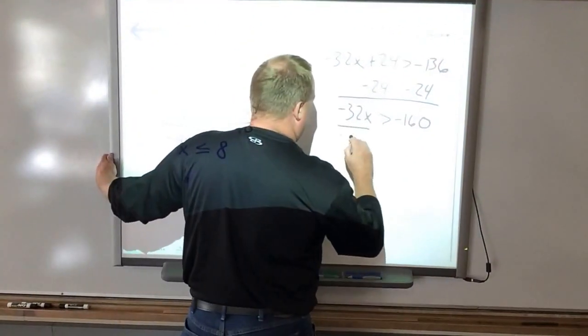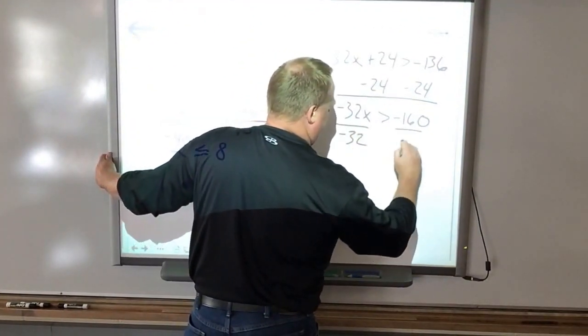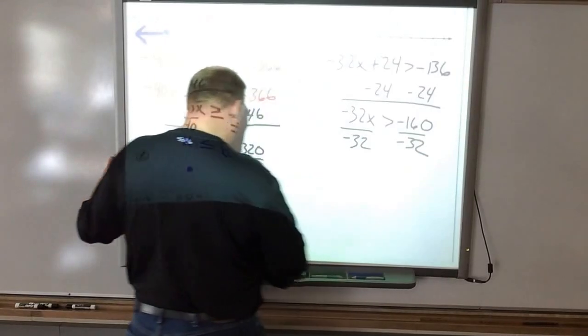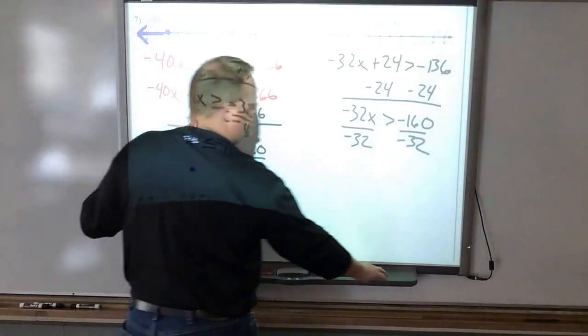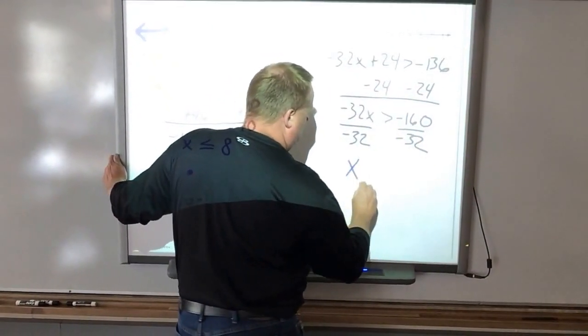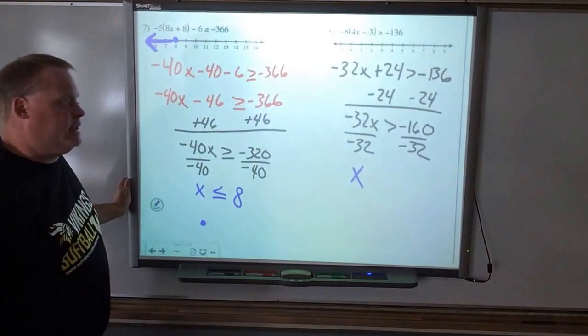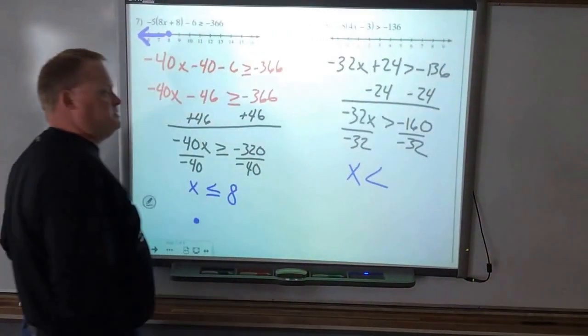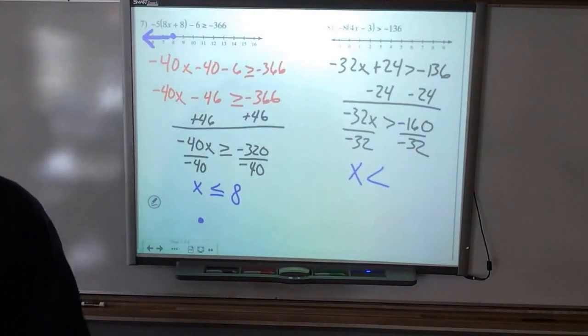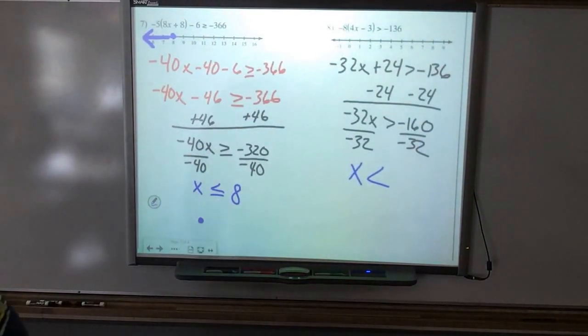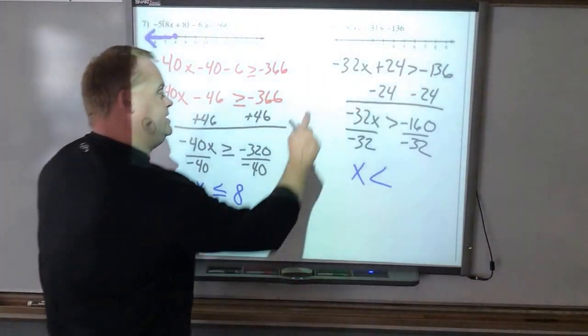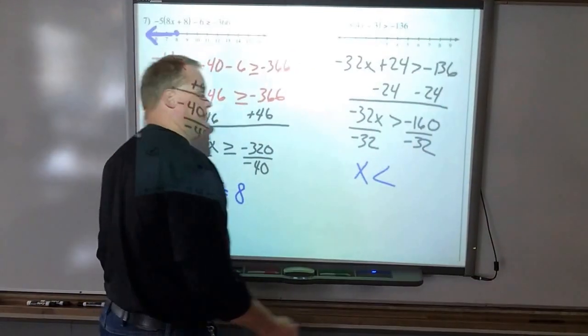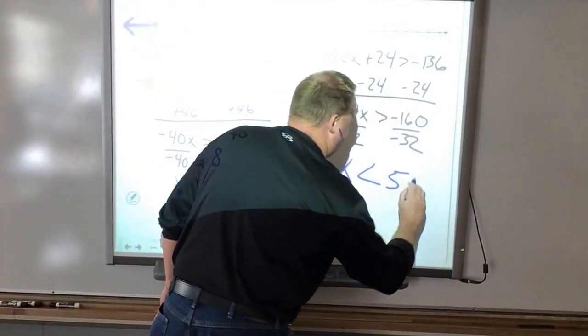Divide by -32. What does that do? Well, if I divide by a negative, that means I've got to flip my sign, so all of a sudden it becomes less than. And checking my calculator, 160 divided by 32, because the negative and the negative becomes a positive, I have 5.